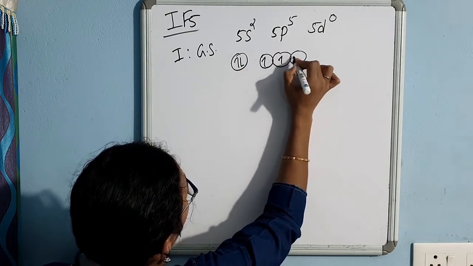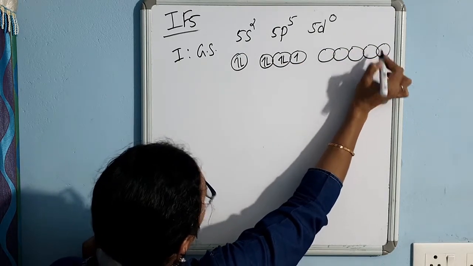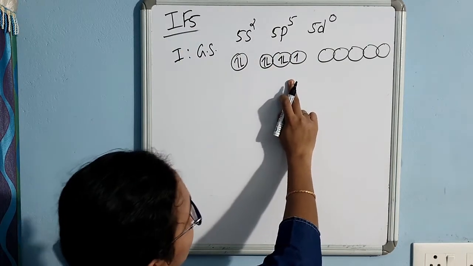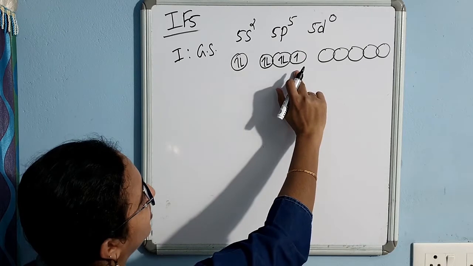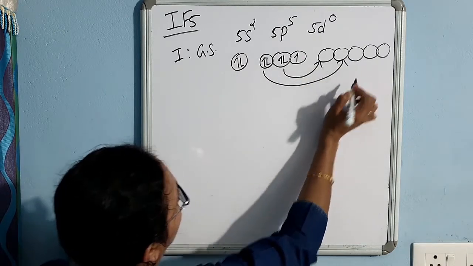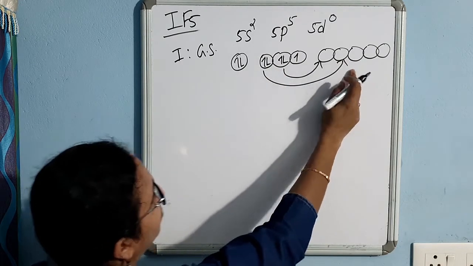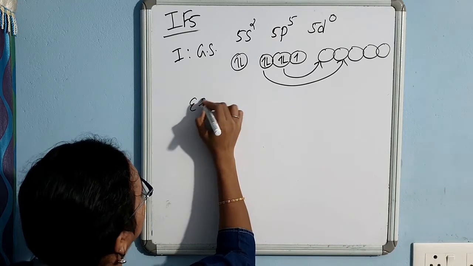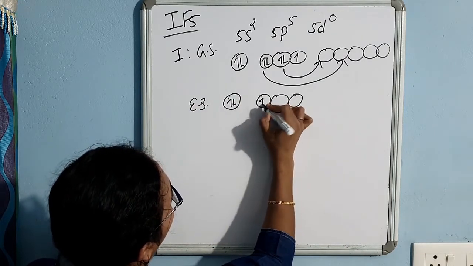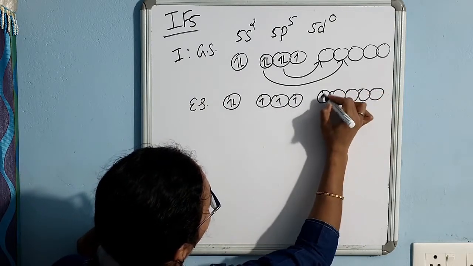And we know in order to combine with 5 fluorine atoms, this iodine atom should make available 5 half-filled orbitals, but only one is present. So what happens is 2 of the electrons from 5p will be promoted to the 5d level, and the excited state configuration becomes 5s2, 5p3 and 5d2.